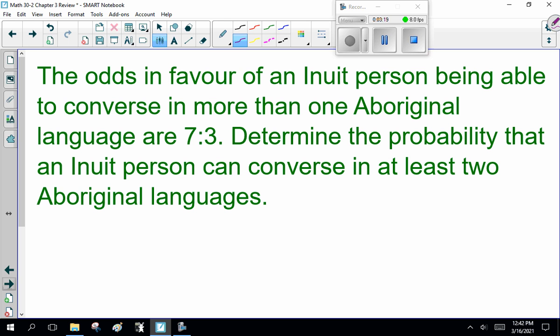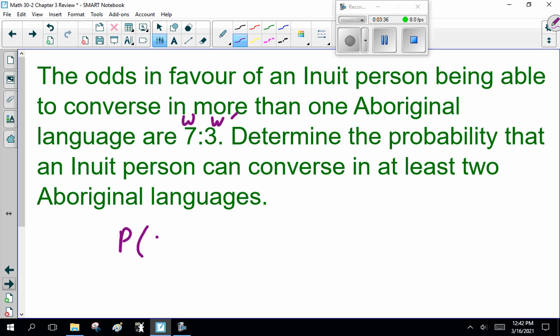Now, the odds in favor of an Inuit person being able to converse in more than one Aboriginal language are 7 to 3. Determine the probability that an Inuit person can converse in at least 2 Aboriginal languages. Now, odds in favor are what you want versus what you don't want.